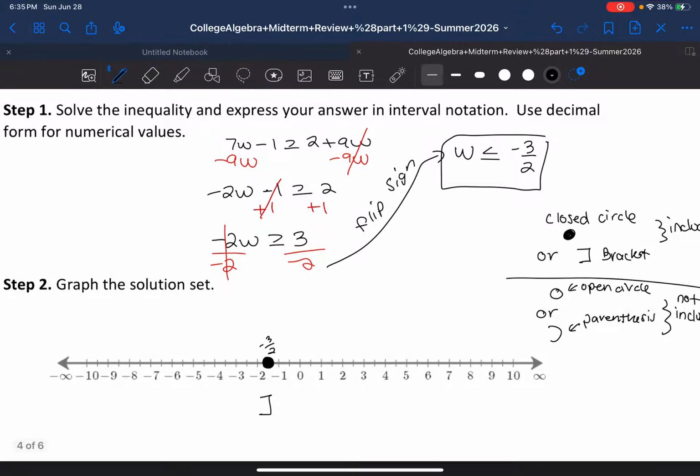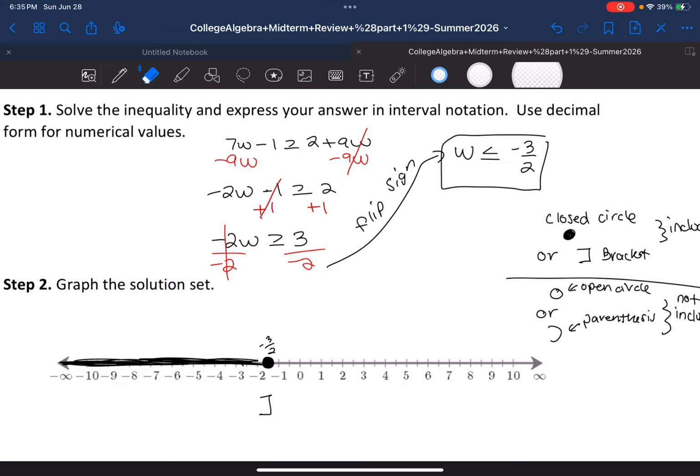And the reason why I have the bracket facing to the left is because now we're going to shade everything that W can be, and it says that W can be anything less than or equal to -3/2. So that would be everything to the left. All these numbers are less than. If I was shading it to the right, the bracket would go this way, but I'm not.